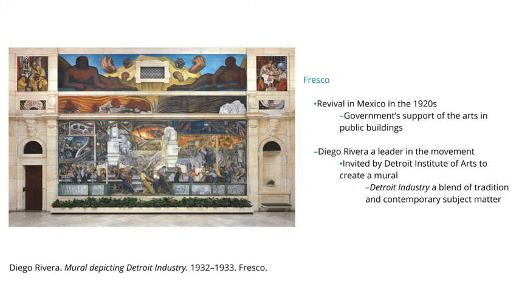Now, a leader in this movement was the artist Diego Rivera, and he was invited by the Detroit Institute of Arts to create a mural. So that's what you're looking at here. This is Detroit Industry, and it's a blend of traditional and contemporary subject matter, but also using a very traditional material that is fresco. So that's fresco.